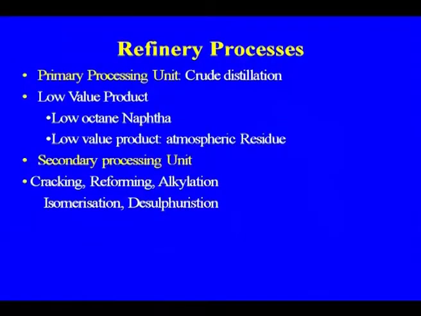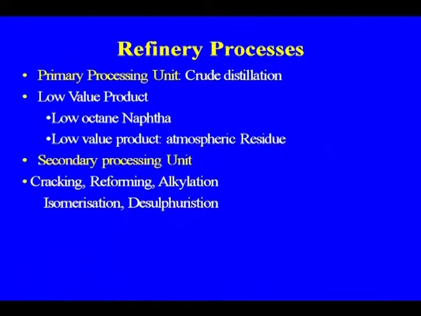Other low value products from the atmospheric and vacuum columns are the light vacuum oil and the heavy vacuum oil. These have to be cracked further and processed to make them more value added.